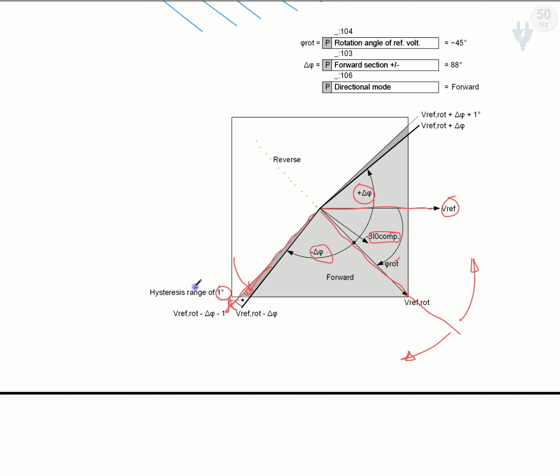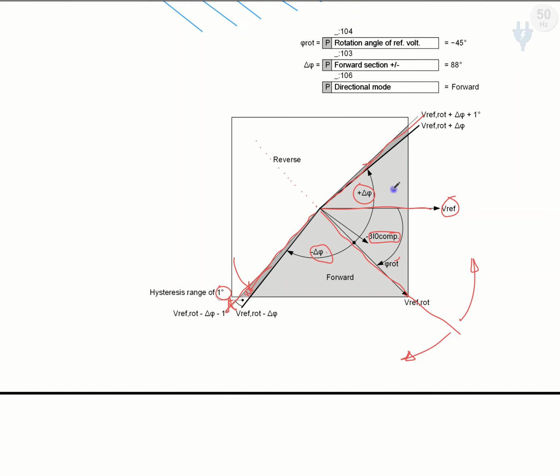This is the hysteresis range, due to operations and some errors in our VT and CTs. This area is called the hysteresis range area.